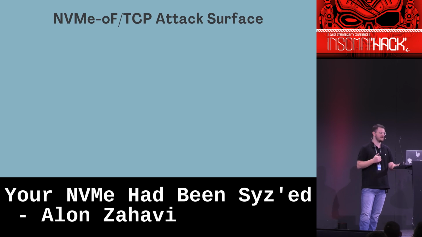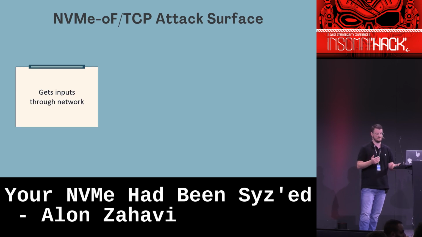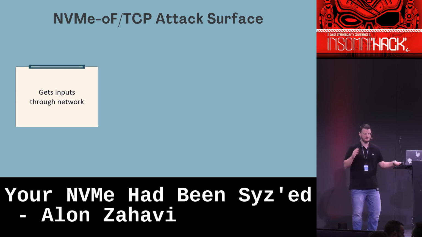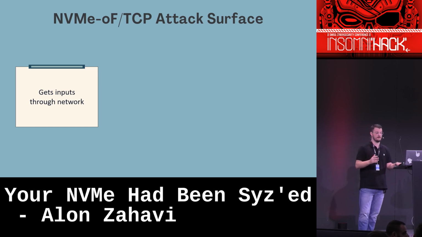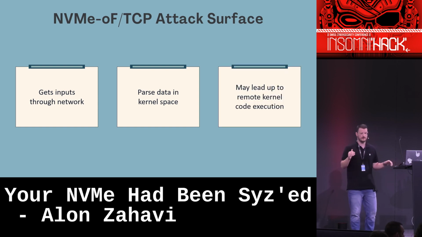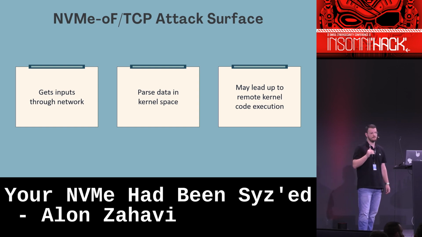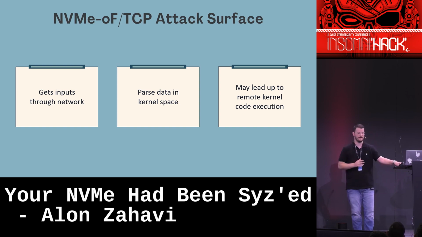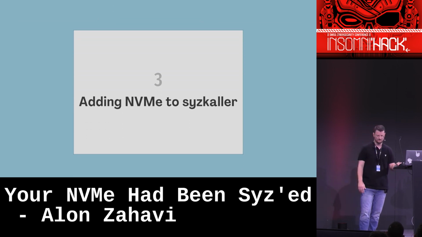So let's talk about the NVMe over TCP attack surface. The driver gets inputs through the network over a TCP connection and parses the data it gets in kernel space. In case we have a bug in kernel space, through the network, we can get up to remote kernel code execution, which is the holy grail for attackers.